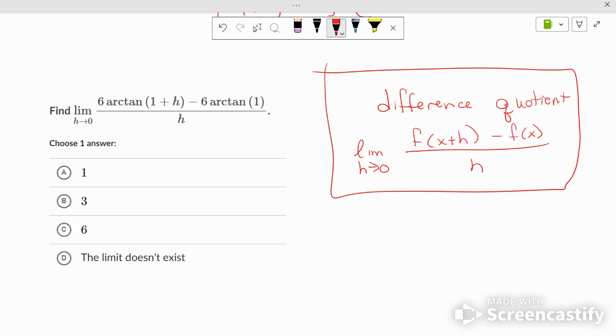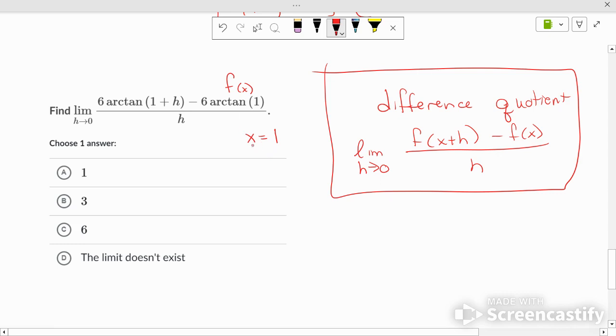Now, you got to think a little outside the box on these. Okay? You got to go, okay, what is f of x? Well, f of x is right here. And then, what is x? Well, what number does x equal in f of x here? 1. X equals 1.